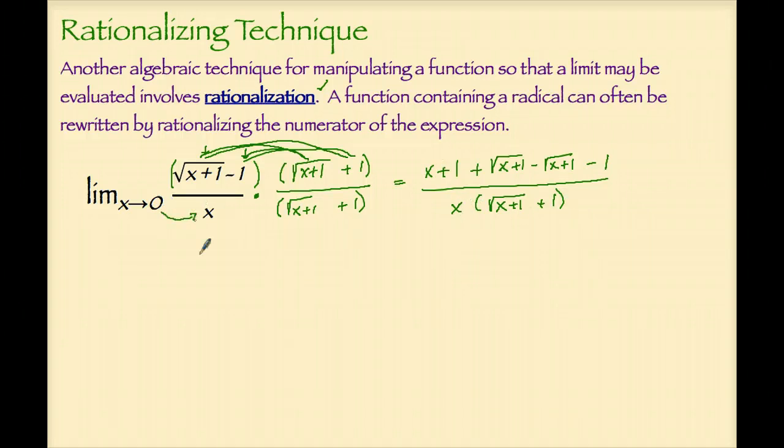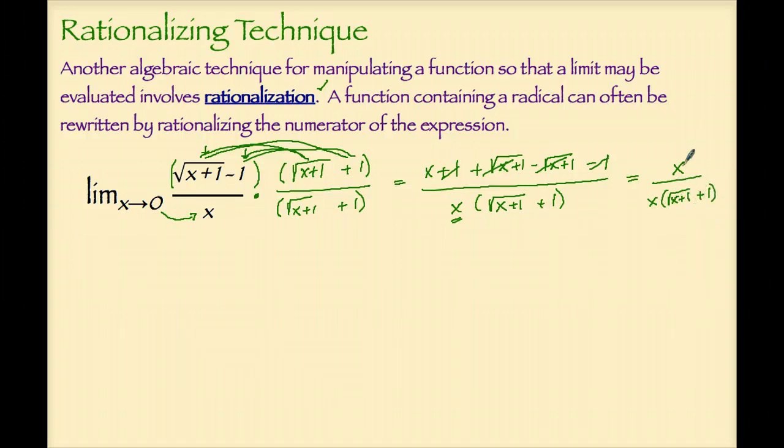Right now, x is the one thing preventing us from being able to plug 0 into this function. That's why I leave it unfoiled here. In the numerator, we notice that the radical expressions cancel, and of course negative 1 and positive 1 cancel, leaving just x over x times the quantity, the square root of x plus 1, plus 1.